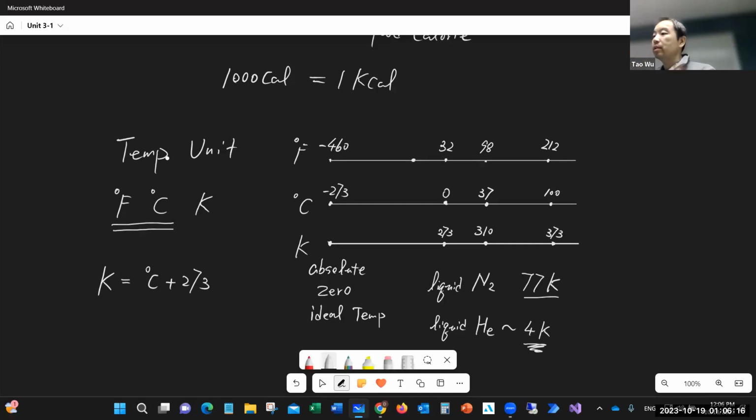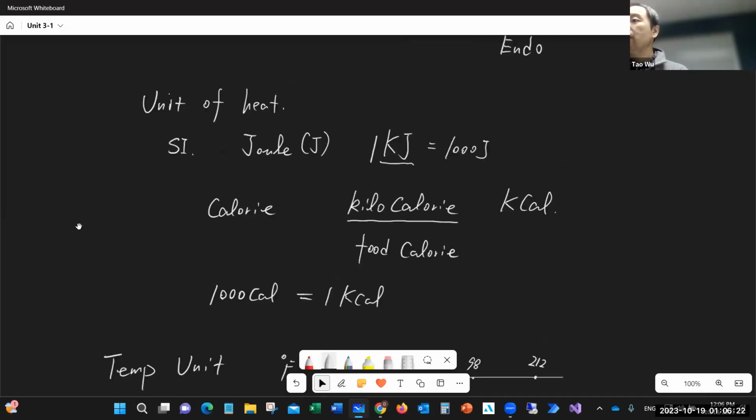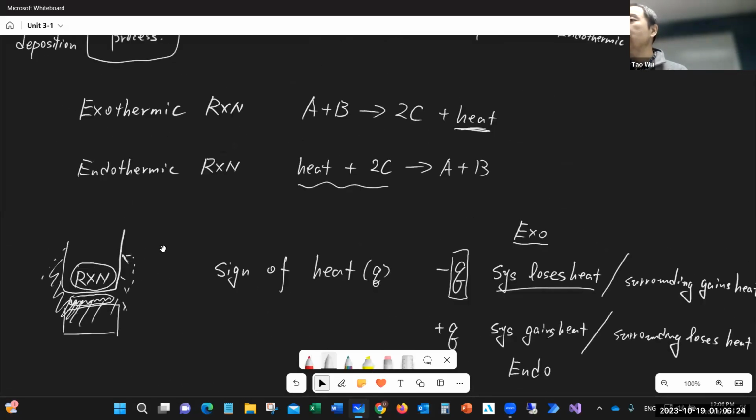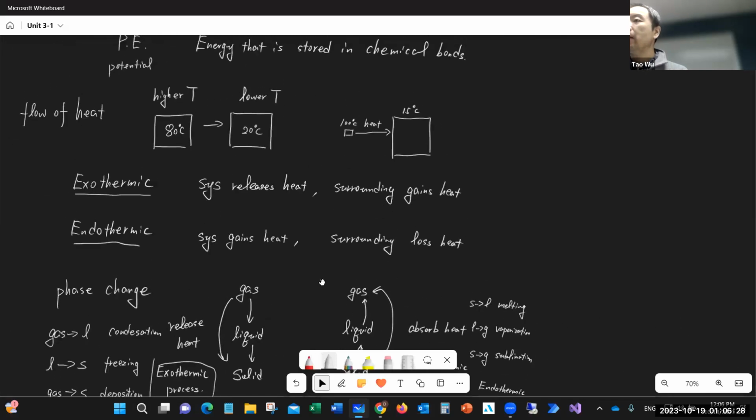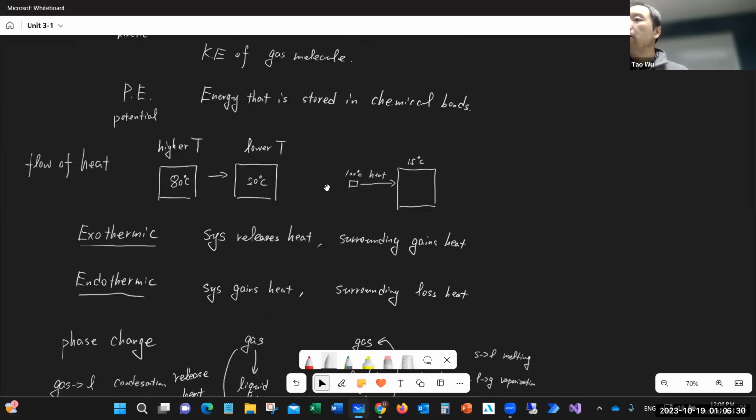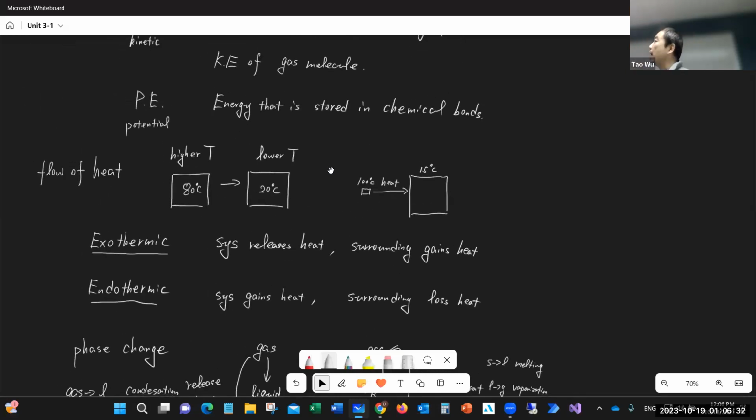Well, anyway, this is what we learned for today. Remember what we talked about: what the surroundings and the system are, and the flow of heat, endothermic and exothermic.